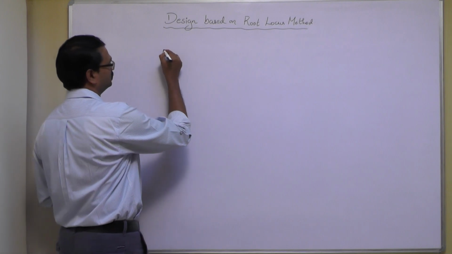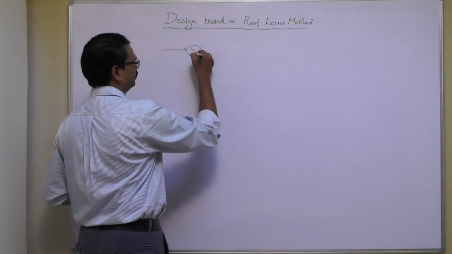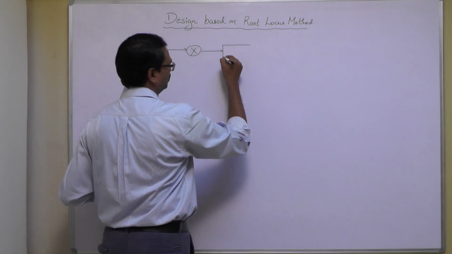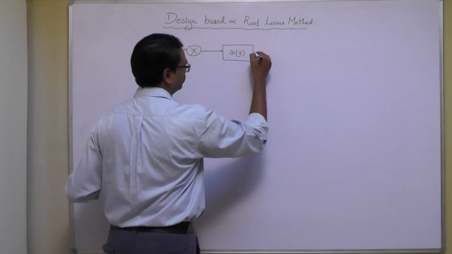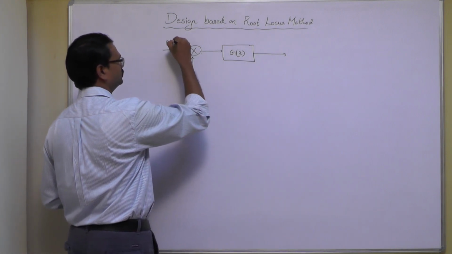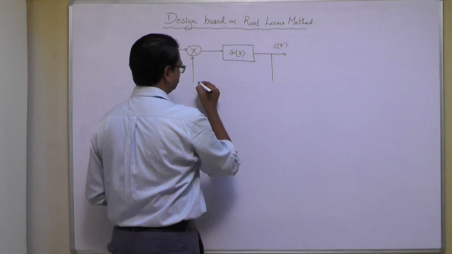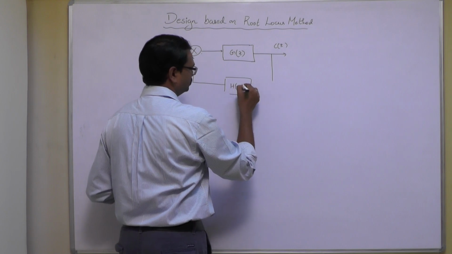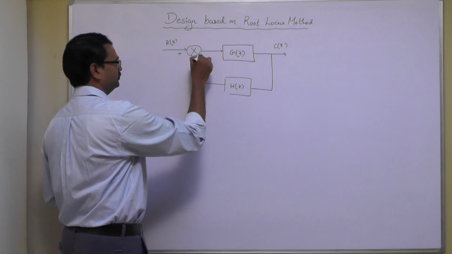First, we will draw the block diagram of a closed loop control system. We have G of z, input R of z, output C of z, and the feedback sensor represented by H of z.